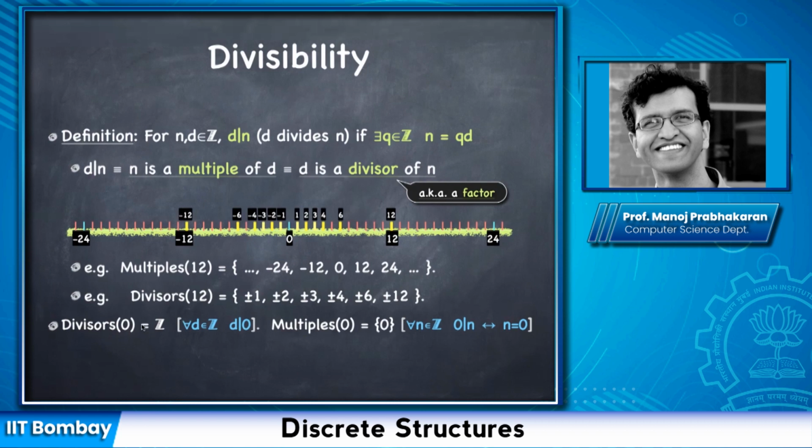On the other hand, every number divides 0. You can take any d and take q itself to be 0. Then 0 is indeed of the form q times d. So every integer d is a divisor of 0, whereas 0 divides only itself and no other number.